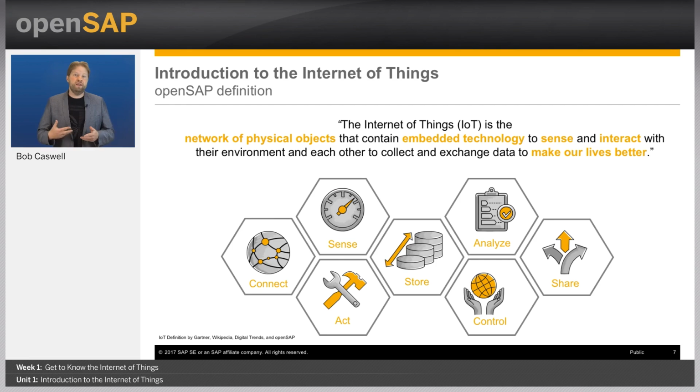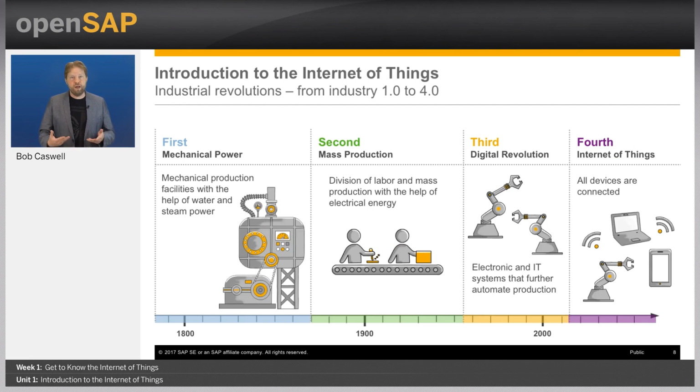So let's look at IoT in the broader context of technology history. The first industrial revolution, a couple hundred years ago, facilitated production using water and steam power. And then the second industrial revolution introduced mass production with the help of electric power, which was then followed by the third industrial revolution, which is sometimes referred to as the digital revolution, in which electronics and IT further automated production processes.